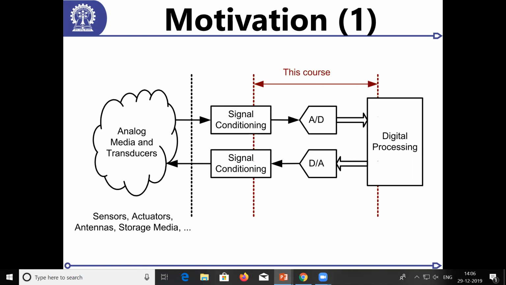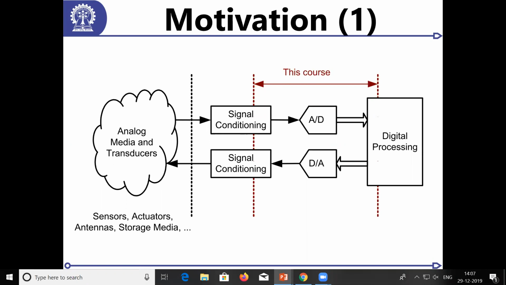So it's full of electronics. You sample a lot of signals in the car, then control a lot more. So it's sensor and actuator: sensors sense your signal, then you digitize it, do some processing, then send the processed signal to control the actuator. Okay, so analog media and transducers.